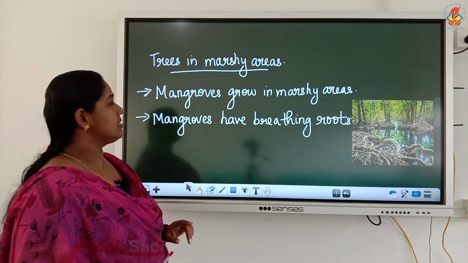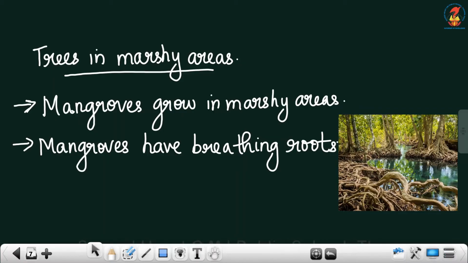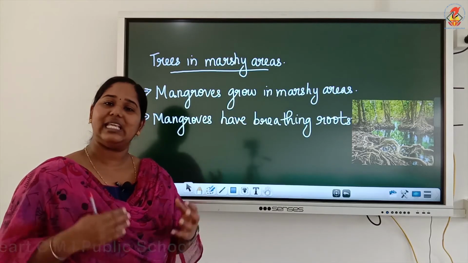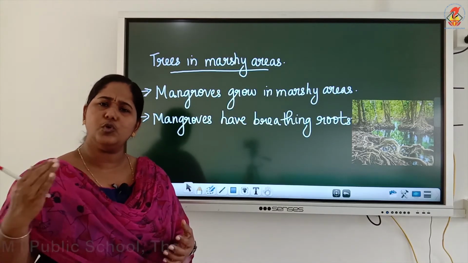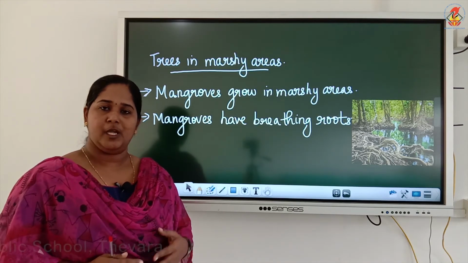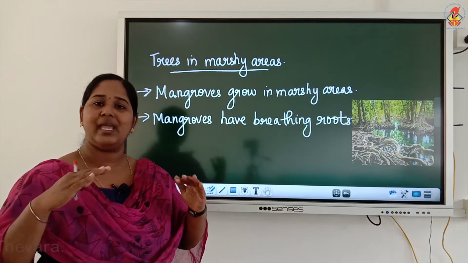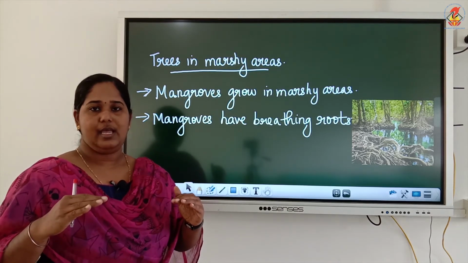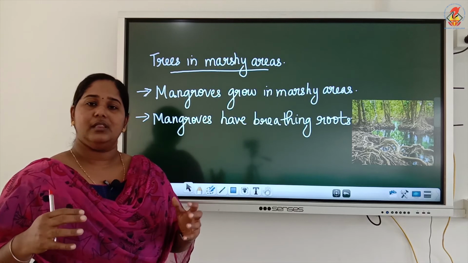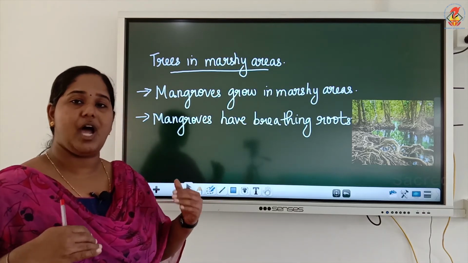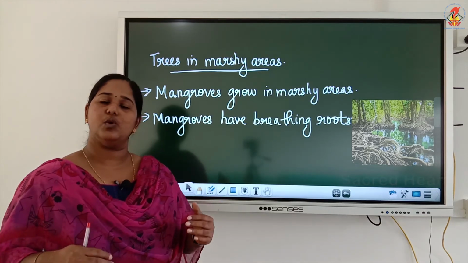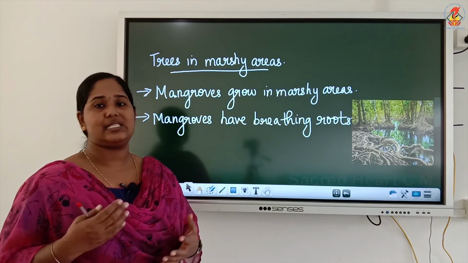The next one is trees in marshy areas. Marshy areas have a special type of soil. It is not like normal soil. It has a sticky and clayey soil with too much water content. Too much water content means the water will not be absorbed by the soil, so it remains on the soil. And what happens is, the roots of mangroves that grow in marshy areas will not be able to breathe inside the soil.